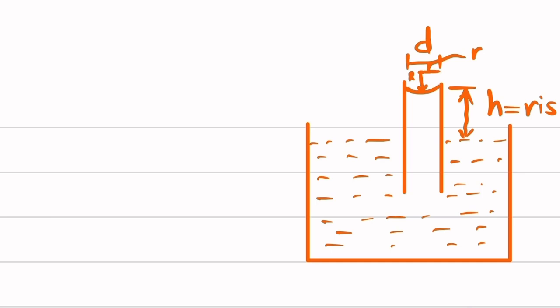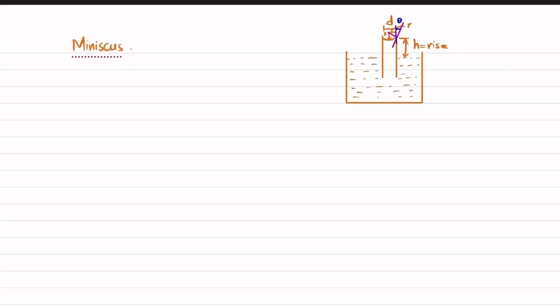So in order to find the angle of contact, what we will do is draw a line tangent to the point, obtained by joining the center of the meniscus to this point. If you take the perpendicular at this point and draw a line that is tangent to this surface, then the angle that is made between the wall of the tube and this tangent line will be equal to theta, and this theta is the angle of contact.